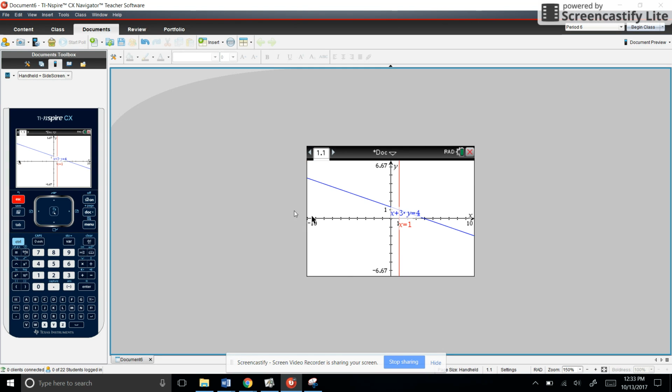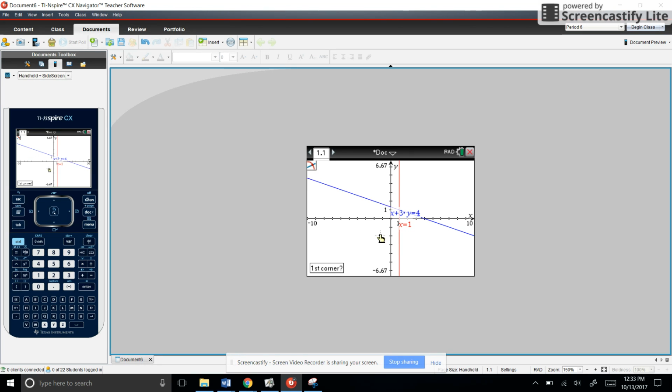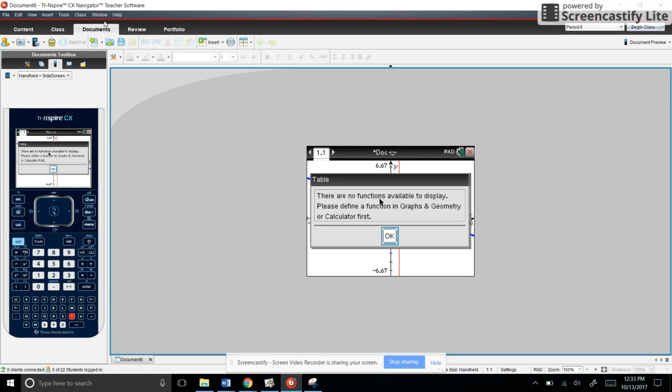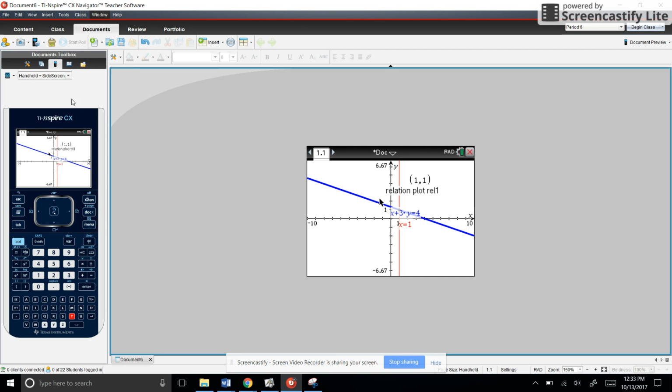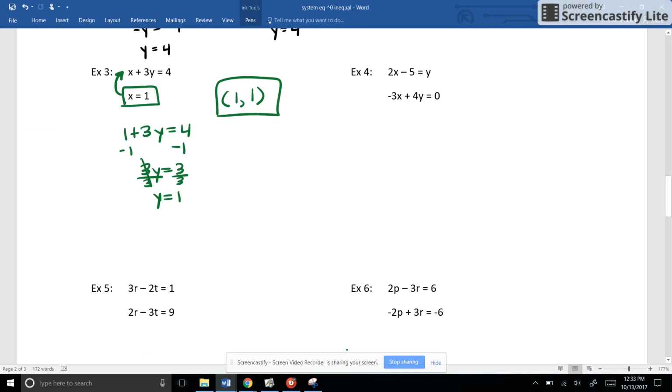Oops, what did I do? Menu, go to analyze, intersection. Oh, it doesn't like this one because it's a straight up and down. Wonder if it'll work. Oh, I just had to highlight it. 1, 1. You can also look at the table, Control T. Oh no, I don't like that. It's because I did a relation. You're not going to look at the table.